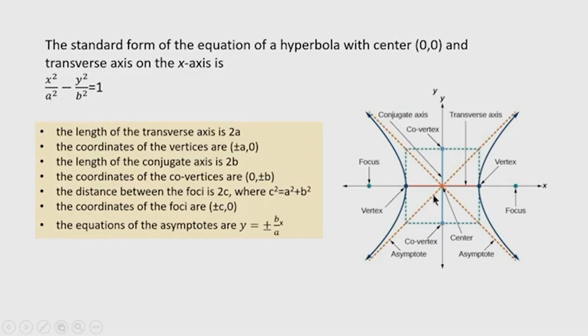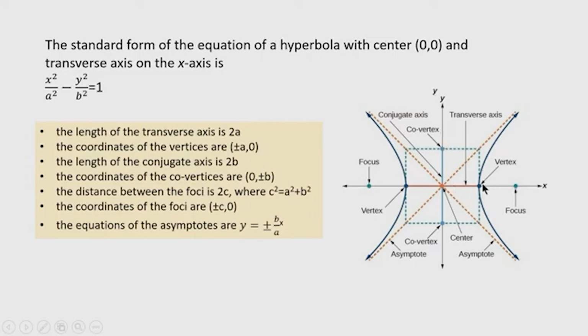The length of the transverse axis is 2a, and the coordinates of the vertices are plus minus a, 0, that is, on the right hand side towards the positive axis. The focus is located at a distance of c from the center of the hyperbola, and on the left hand side towards the negative side of the x axis, the focus is also located at a distance of c from the conjugate axis.